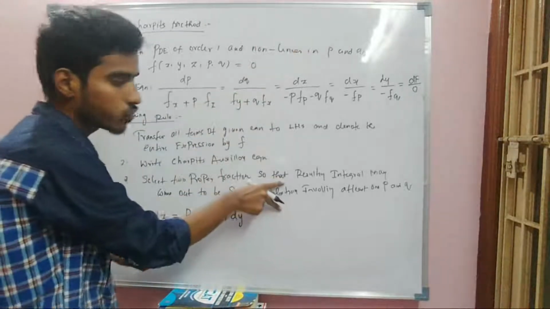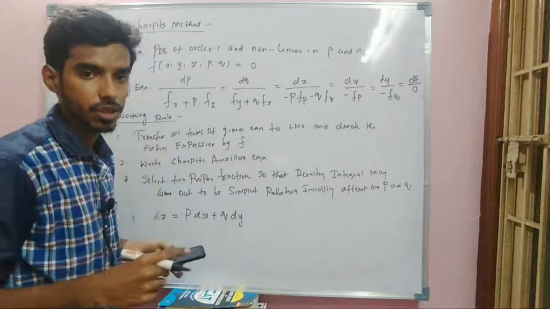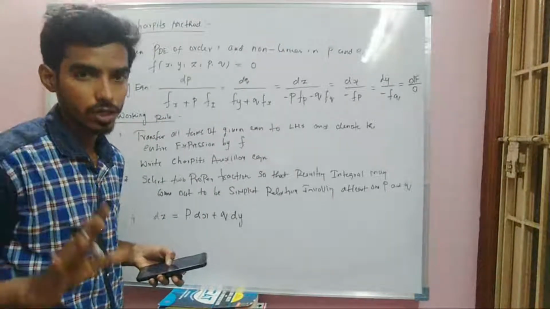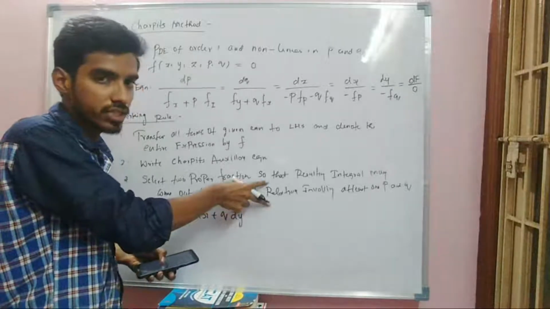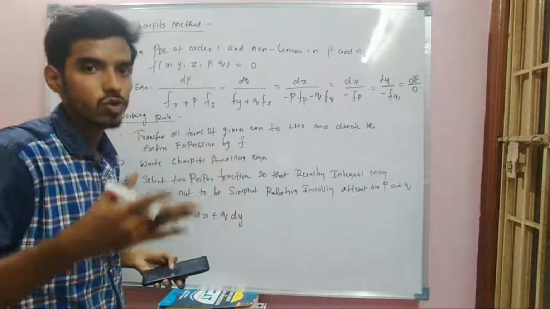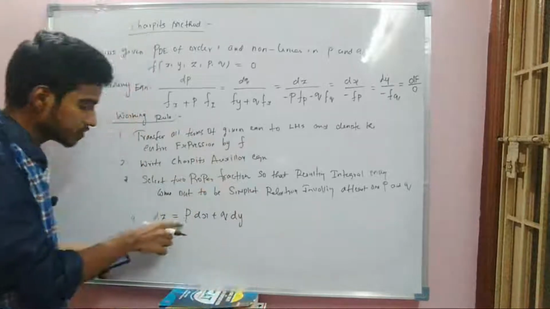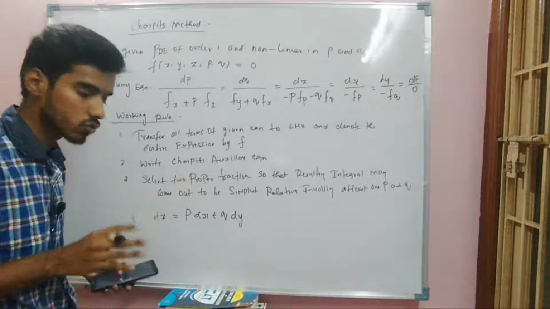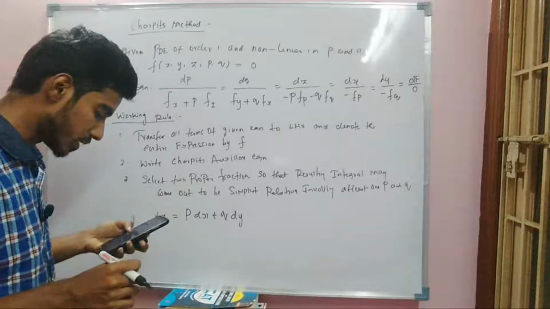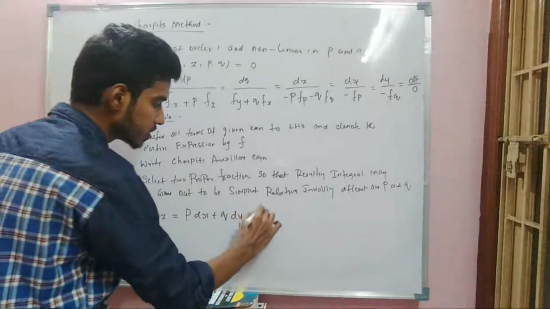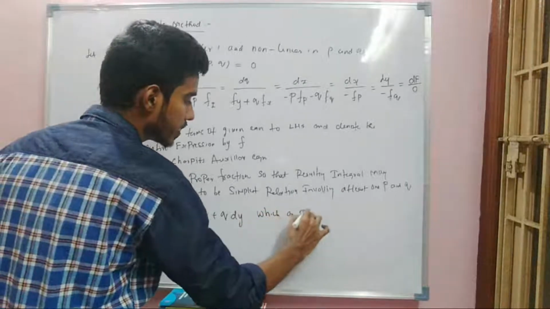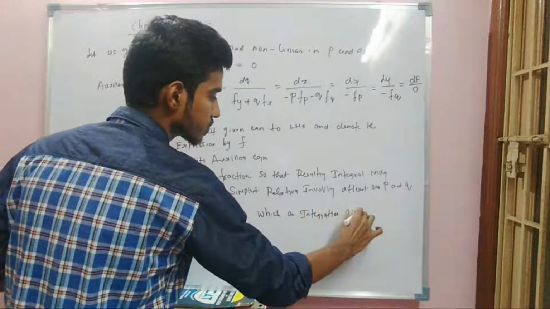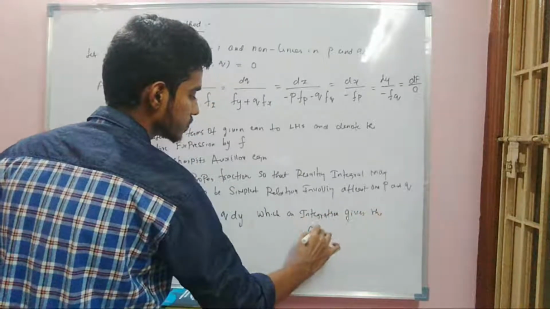You solve for p and q and substitute the value of p and the value of q here. So dz is equal to p dx plus q dy, which on integration gives the complete integral. That's it.